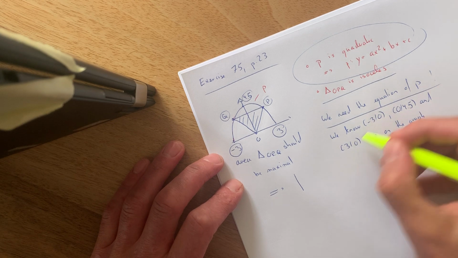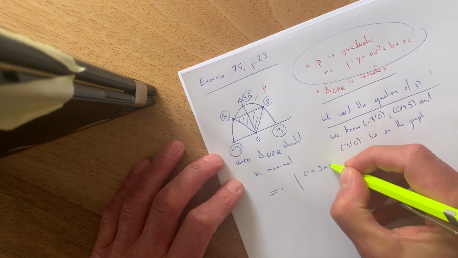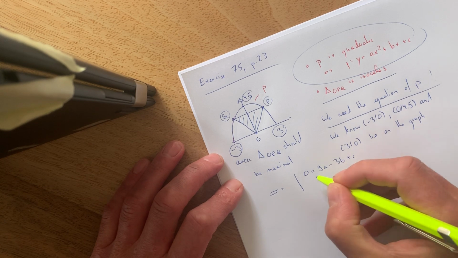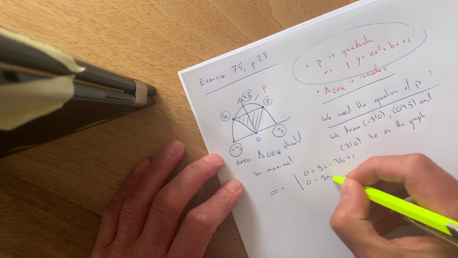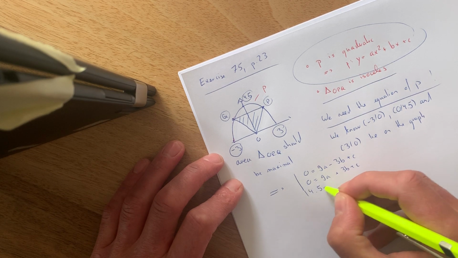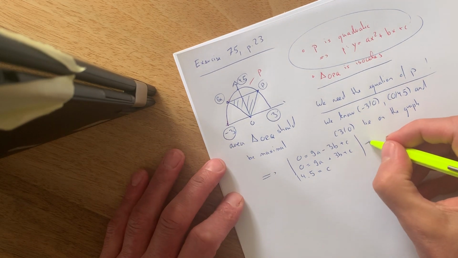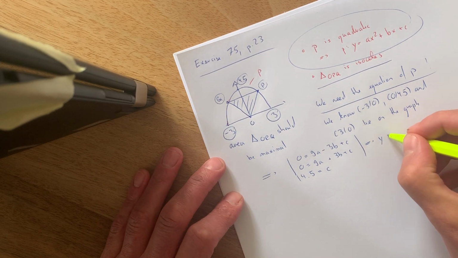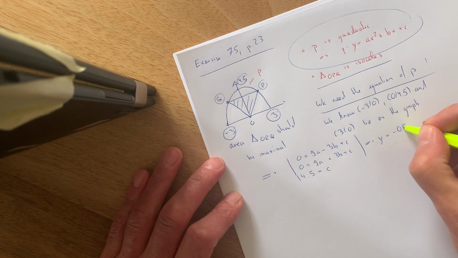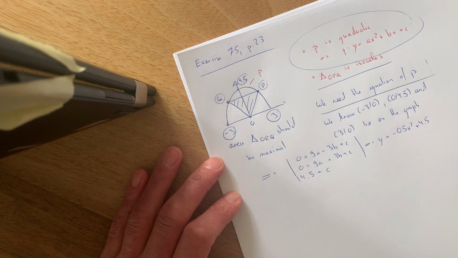Plugging the points into the function equation up there, these are the three equations we get. Taking the calculator, we get y equals minus 0.5x squared plus 4.5. So this is the parabola.